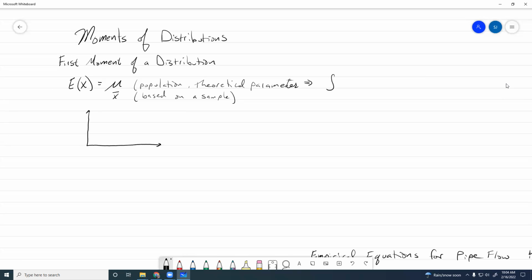So if this is a PDF of our random variable, probability density on the y-axis, the range of values that a random variable could take on, then this distance along the x-axis, we can think of as the distance to the centroid.